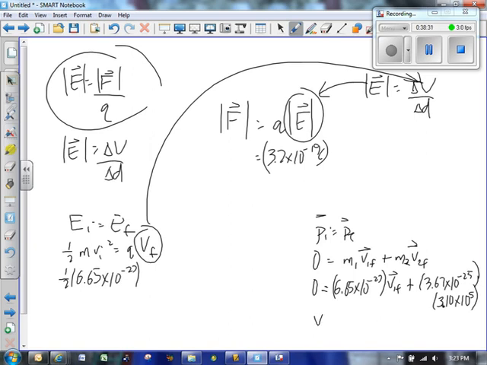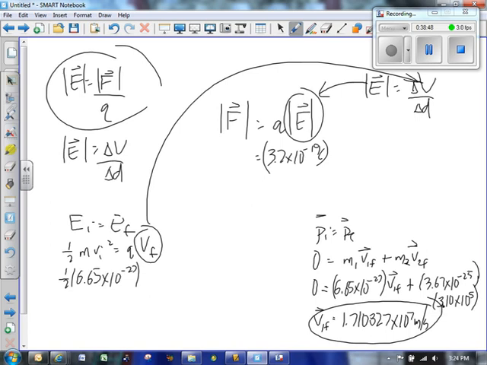Solve for v1f. When the alpha particle leaves this lead box, it's moving at a speed of 1.710827 times 10 to the 7 meters per second.